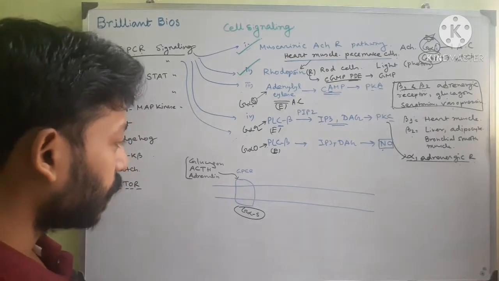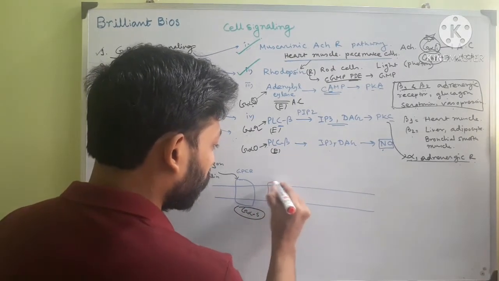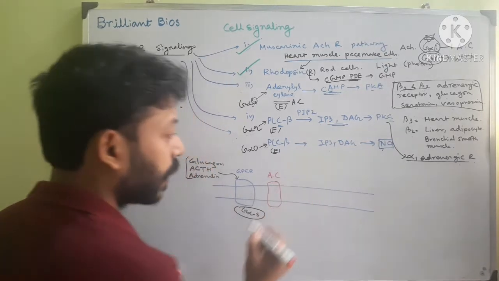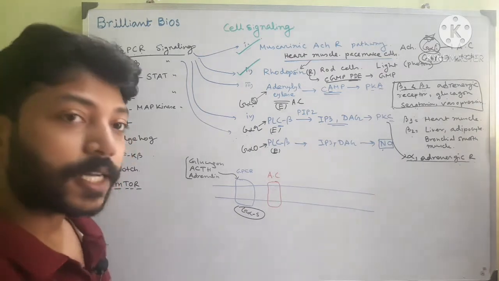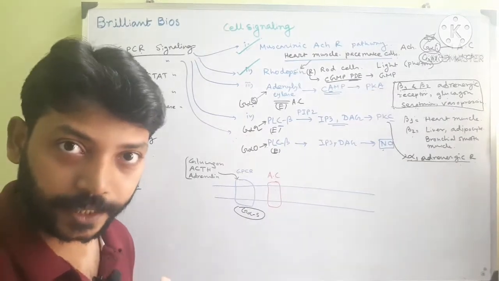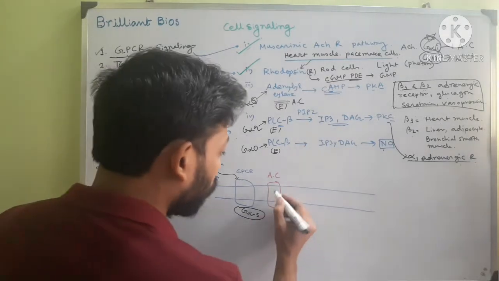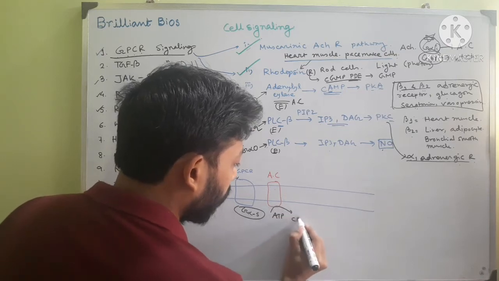That can activate a protein that is actually an enzyme. Let's suppose this is the protein and we are calling it adenylyl cyclase enzyme. What does it mean? Adenylyl means ATP, cyclase means cyclic form. So this enzyme can convert ATP to cAMP.